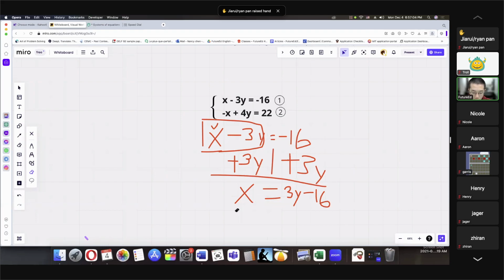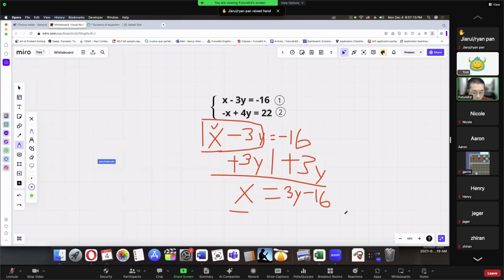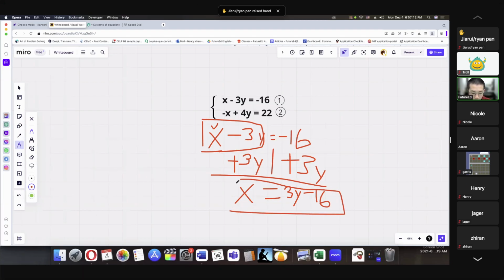So now we know that x is equal to 3y minus 16. We just don't have enough time today. Okay, Ryan. We know that x is equal to 3y minus 16. And what can we do with it? Any ideas?